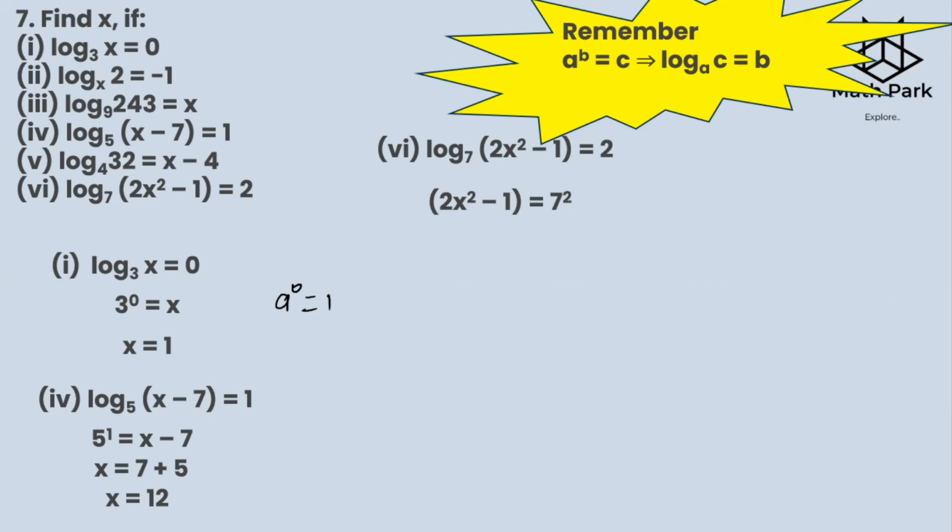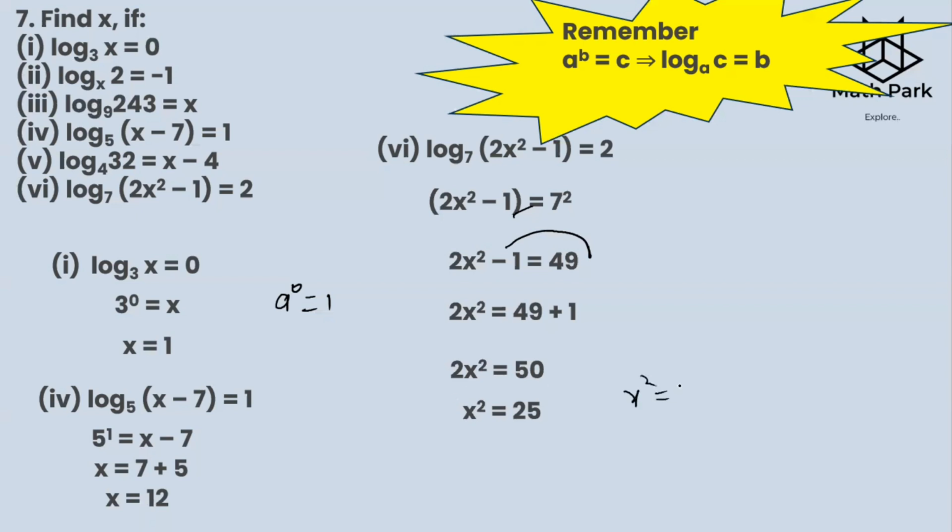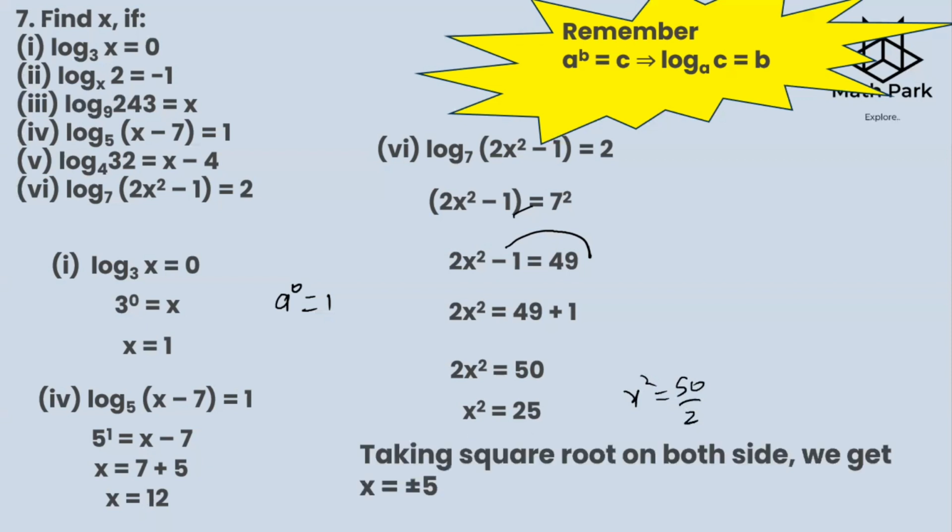So 7 square is 49. Shifting this minus 1 over this side, it becomes plus 1. So this is how you get 2x square is equal to 49 plus 1, which is 50. And then x square is equal to 50 divided by 2, which is equal to 25. Taking the square root, we get x is equal to plus or minus 5.